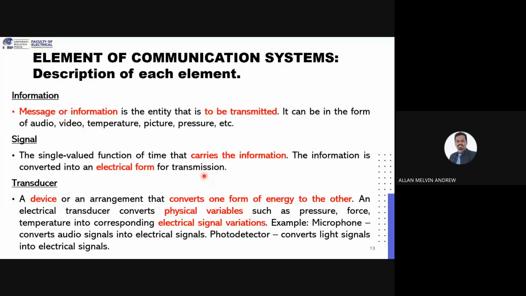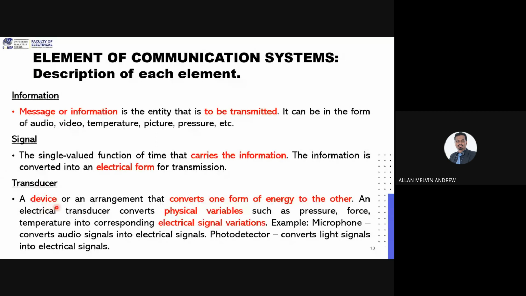We use all these elements to convert whatever input you want to give into an electrical form, then we can use a wire or wireless to transmit. That's the second element. The third element is the transducer. A transducer is like a sensor.